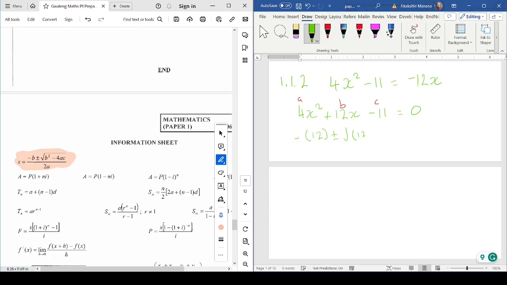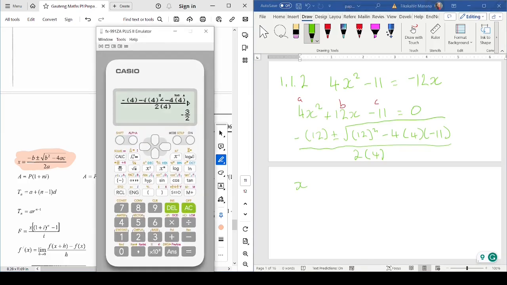B once again is 12 squared minus 4. What's the value of A? It's 4. The value of C, it's minus 11. Make sure you put that minus there. It's very important. So now all of this is divided by 2a. The value of a is 4. So right about now we need our calculator. There it is.